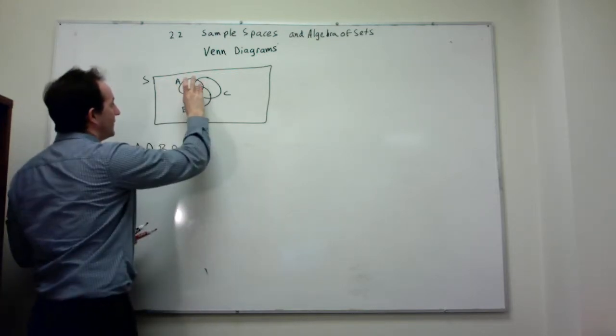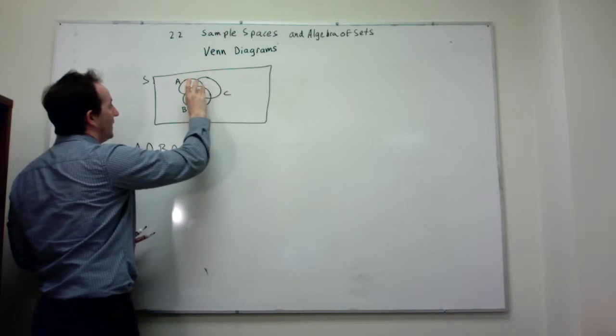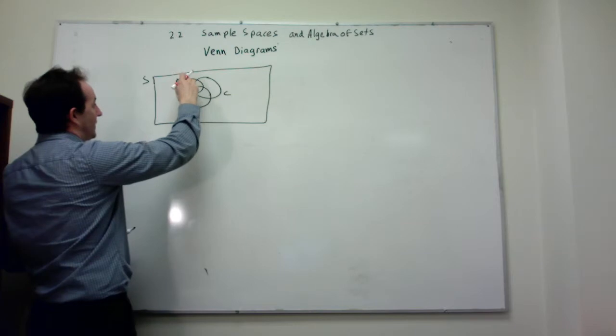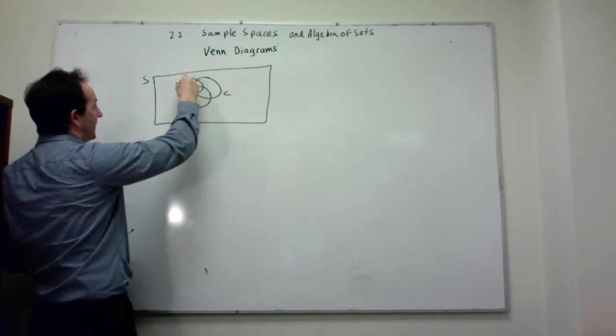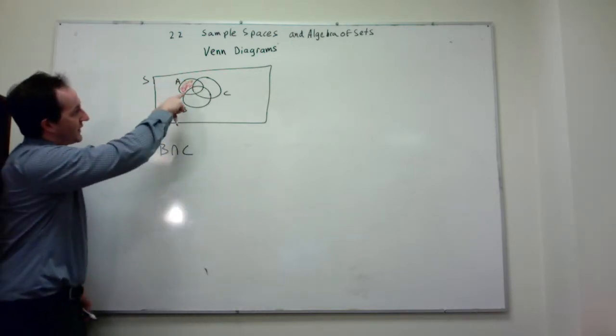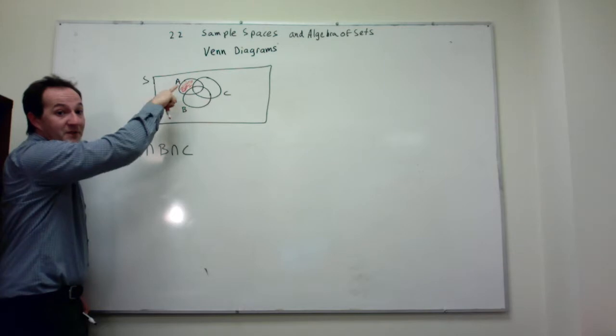Okay, so it's a little bit more complicated now. How could I specify, for instance, just this region here? Well, what am I shading here?